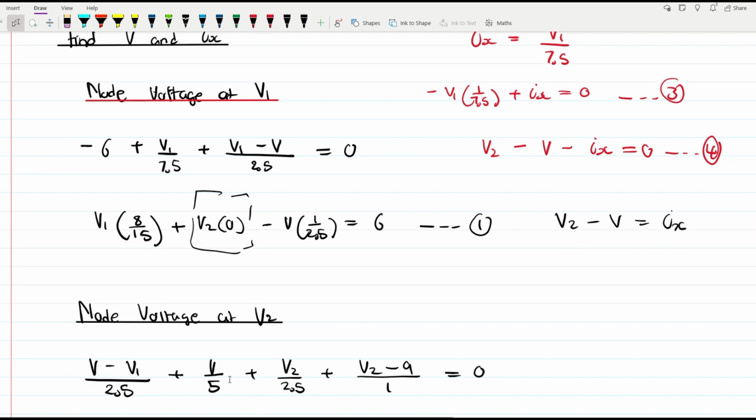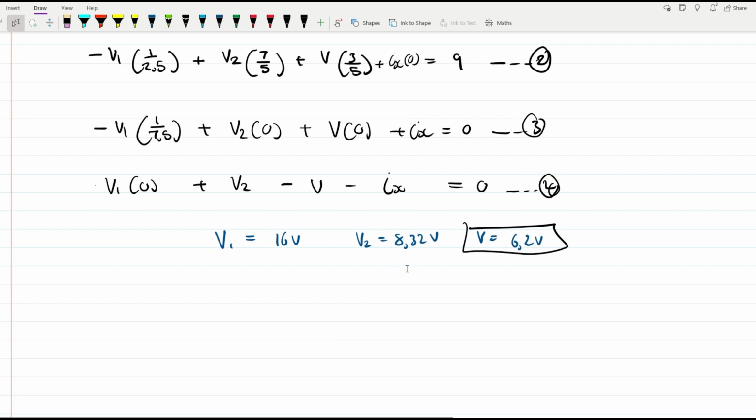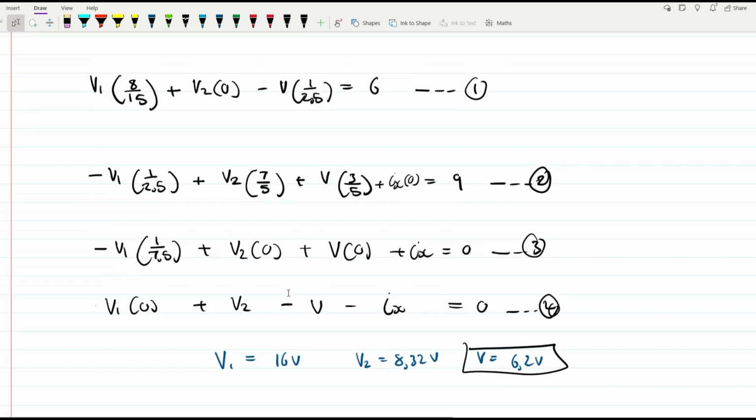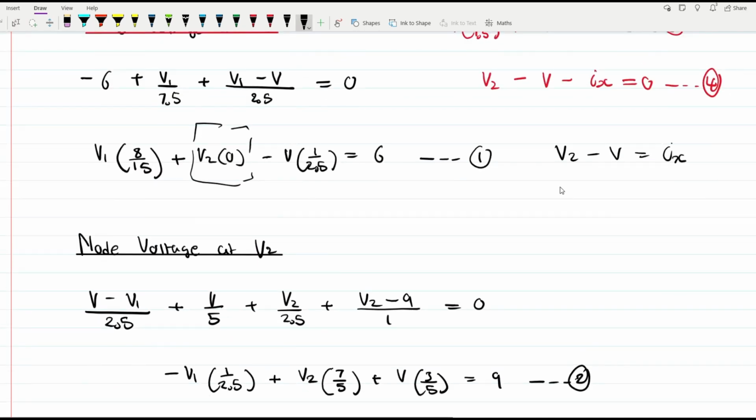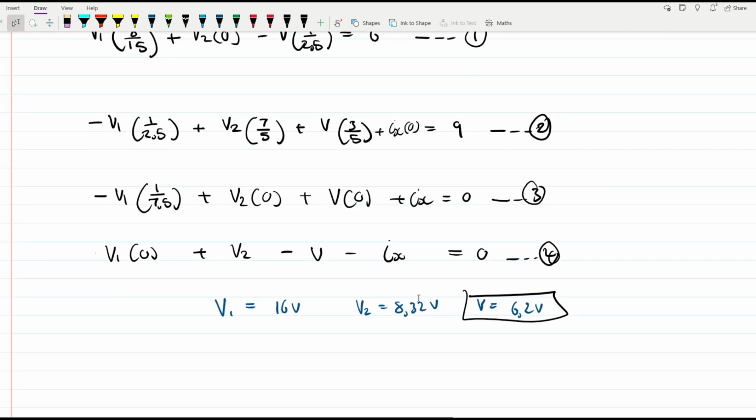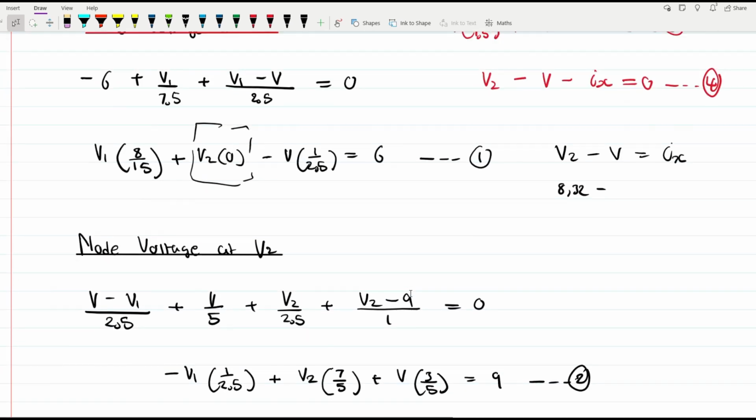So what is V2? V2 is 8.32. So we're going to put that there. 8.32 minus V, which is 6.2. So 8.32 minus 6.2 gives us 2.12 amperes. And that's it.